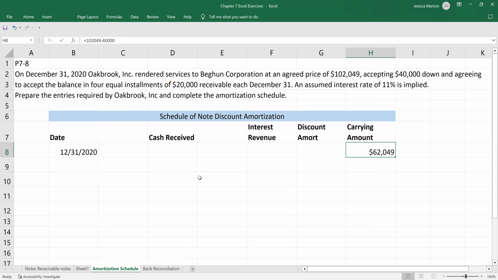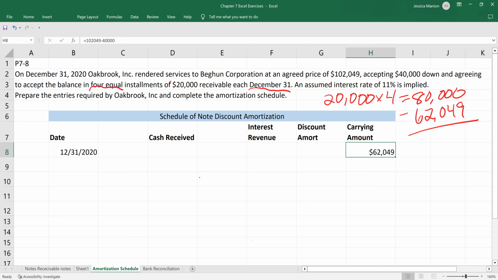And again, they're going to make 4 $20,000 payments, right? So if we take 20,000 times the 4 equal installments received at the end of the year each year, they're going to pay us 80,000 minus our carrying value.